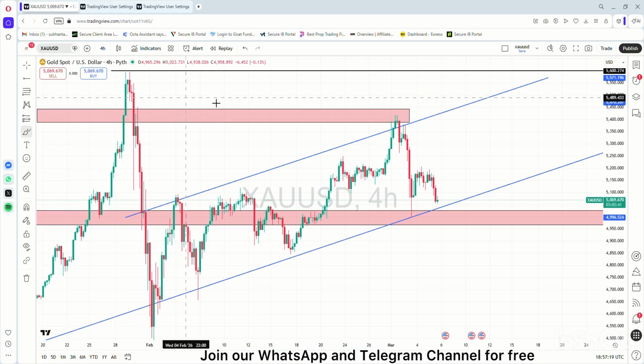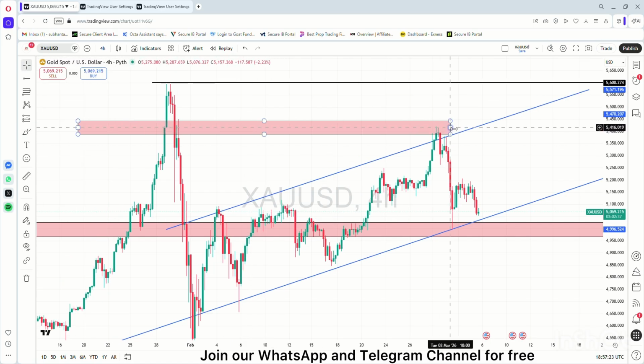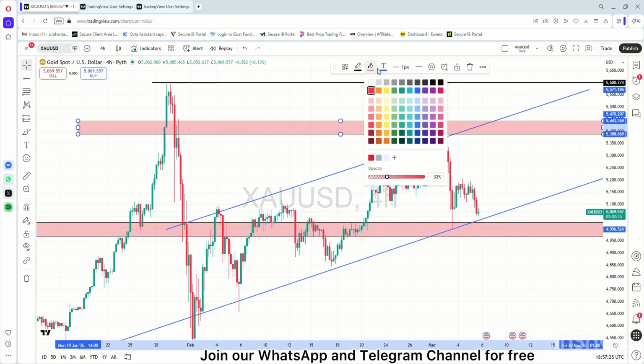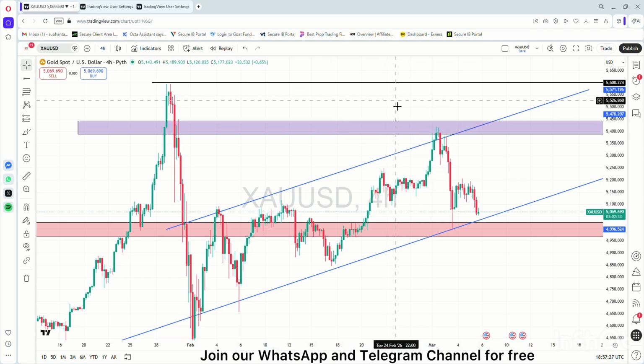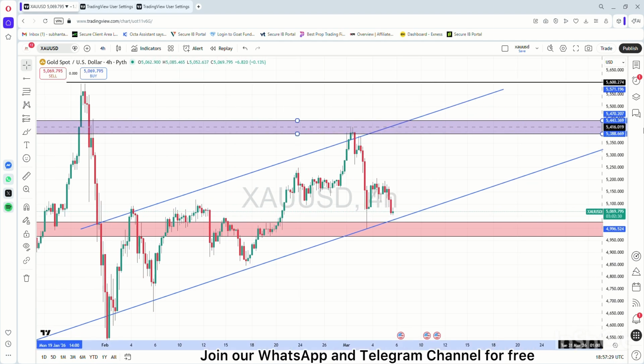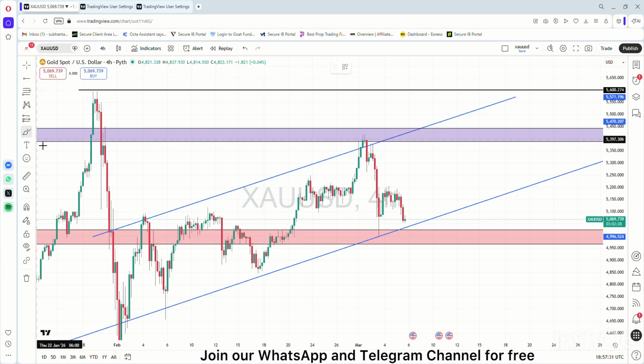But for now we have got a new resistance level, so let's make it and change its color for our identification. Okay, so now the structure is very simple. You have to wait for the market to hold above the trend line, or to hold above the red zone.